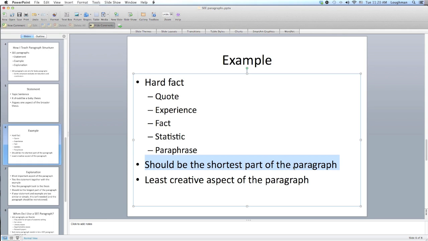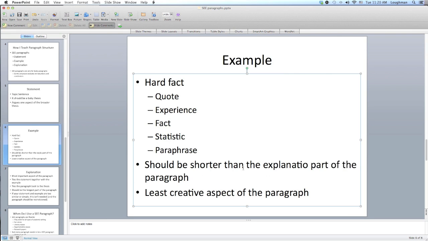And I guess that's not, it's true compared to the explanation. But the example will be longer than the statement. All right. So maybe it should say, it should be shorter than the explanation.